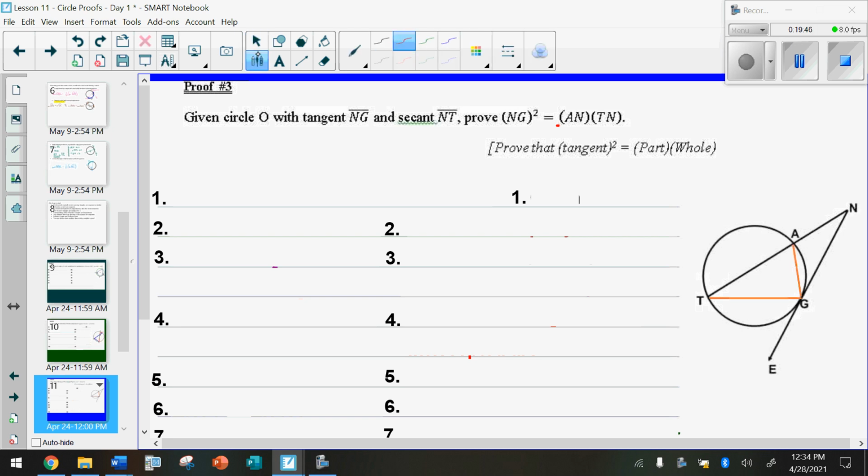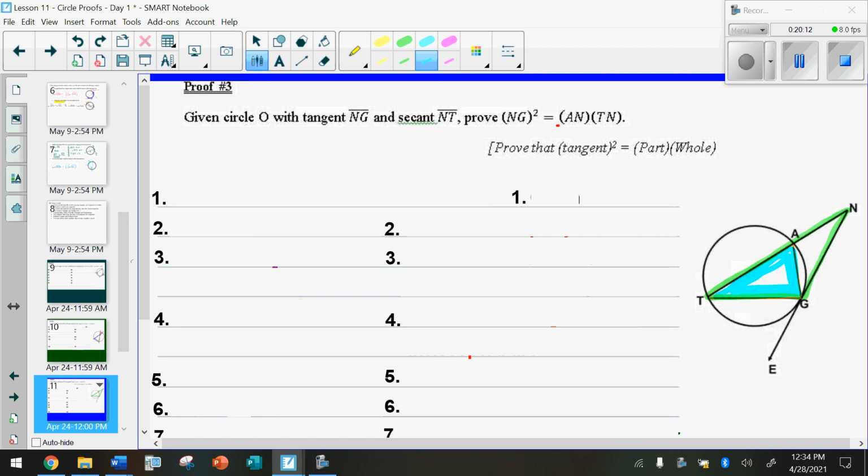Now, it may not be as obvious here to see what triangles we're using, so let me do this. Using that big one, NTG, and then the smaller one, TAG.